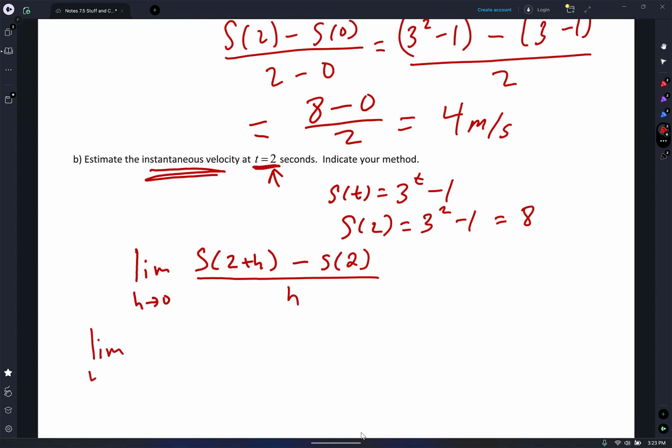Limit as h approaches 0 of... No, I'm not trying to trick you. I need to know what s of 2 plus h is. So just give me my expression for s of 2 plus h. What is that? 3 to the power, parenthesis. Okay.